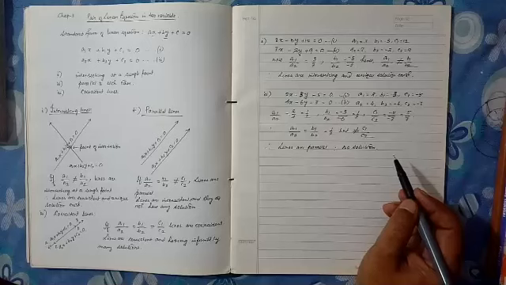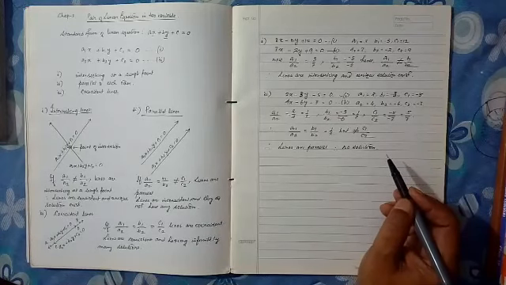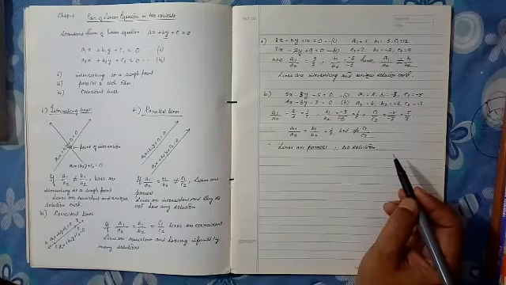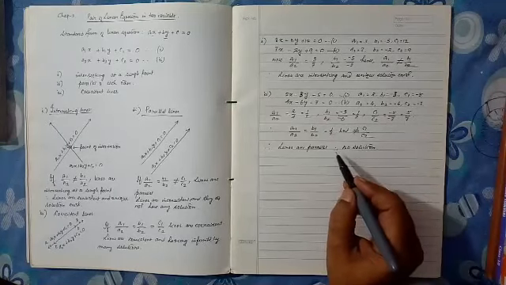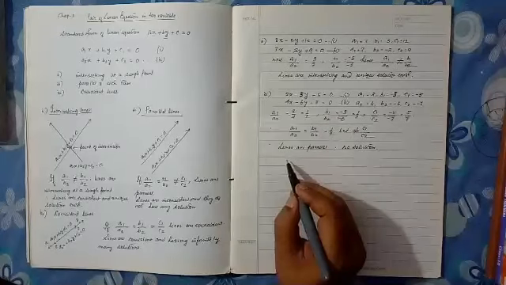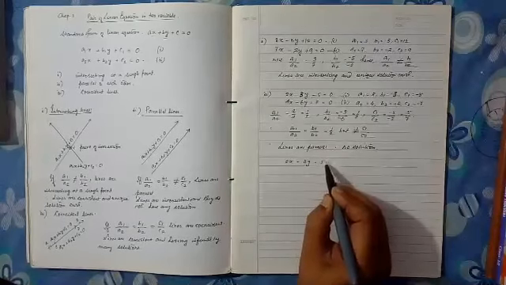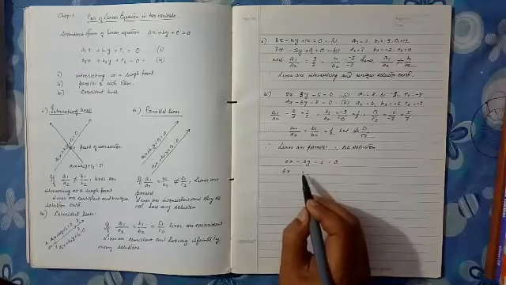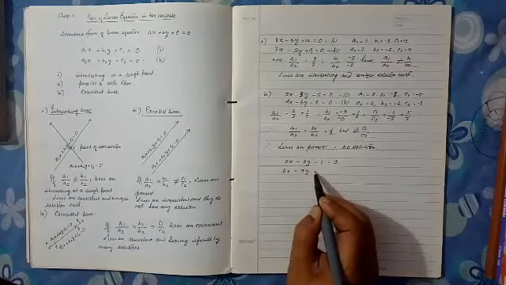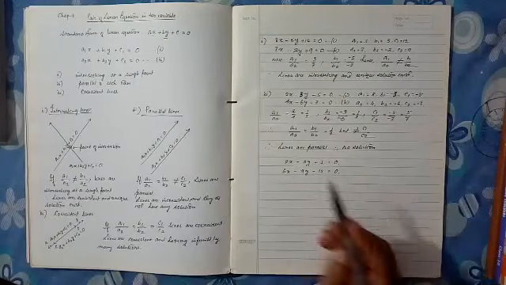Now for the third one, let us take one example. Say the lines are 2x minus 3y minus 5 is equal to 0, and 6x minus 9y minus 15 is equal to 0.